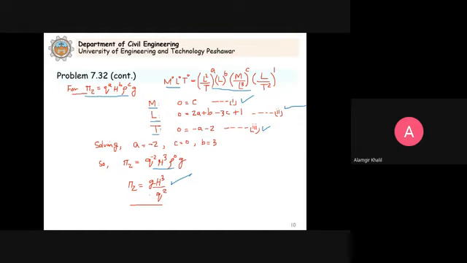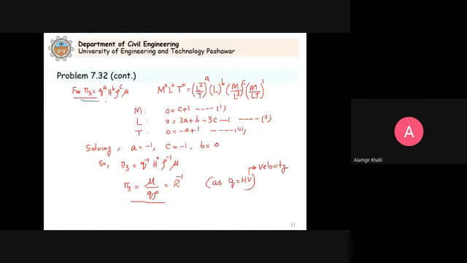Put the dimensions. If you get any dimension, it is incorrect. So this is now the form of pi 2. Then we go for pi 3 and the same process is repeated. So this is how we get the dimensionless form.